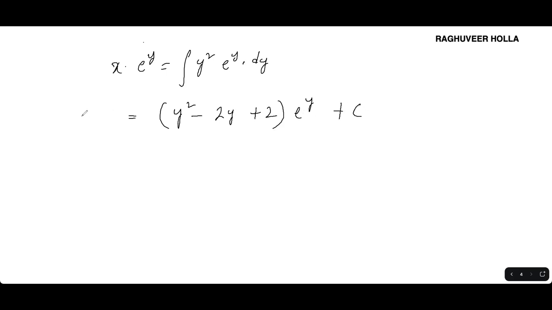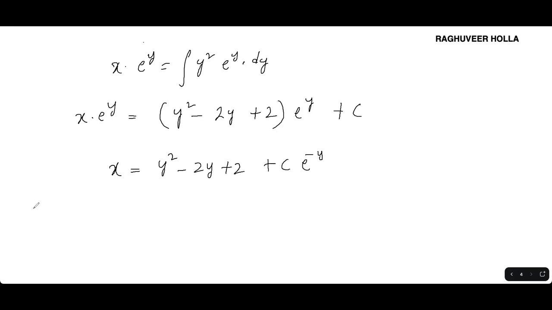This is x into e to the power of y. Now, taking e to the power of y on the right hand side, this cancels out. So you get x is equal to y square minus 2y plus 2 plus c into e to the power of minus y.